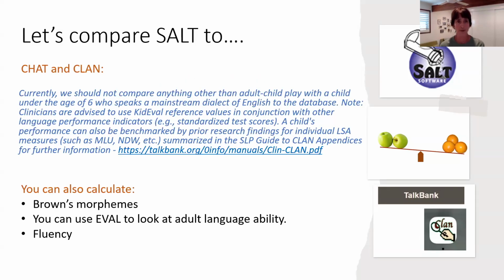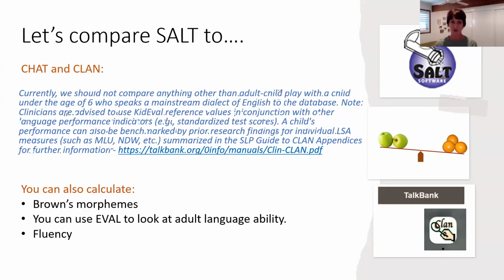So if we compare SALT then to CHAT and CLAN, one is that we shouldn't compare anything other than adult-child play with a child under the age of 6. So I think that is probably the main limitation of using CLAN. What it does do, it will give you an amazing analysis once you get your head around it.